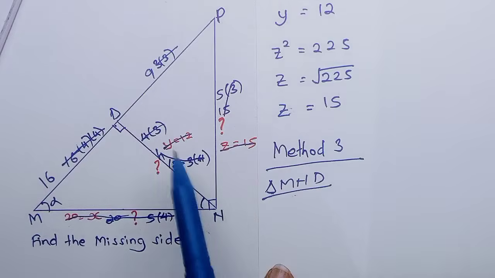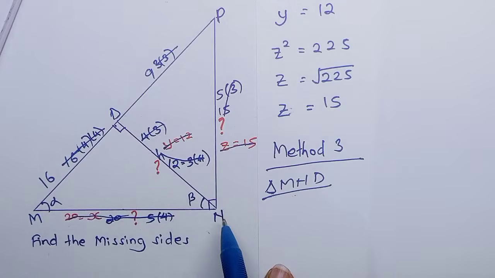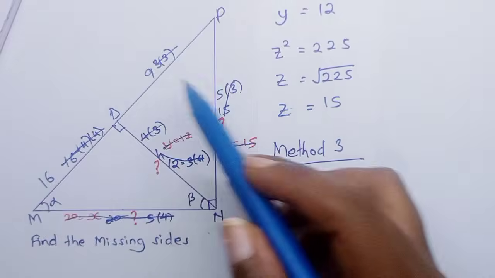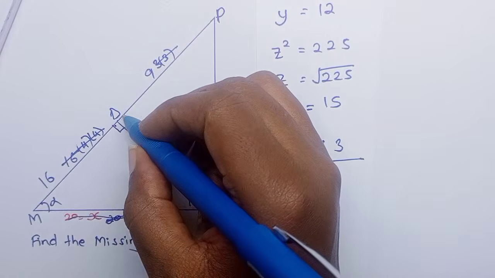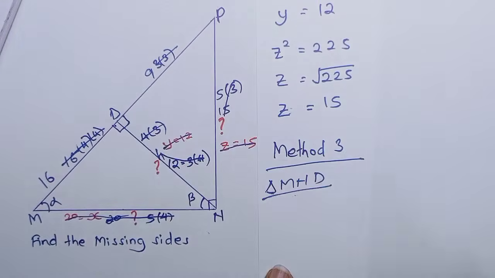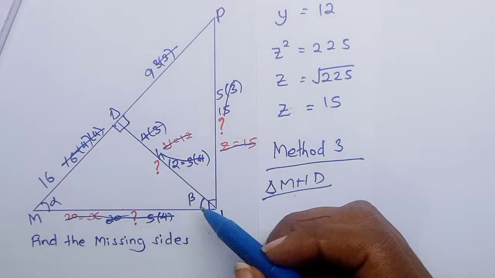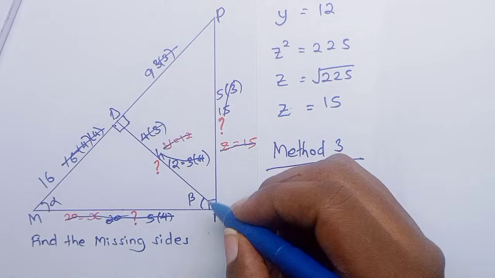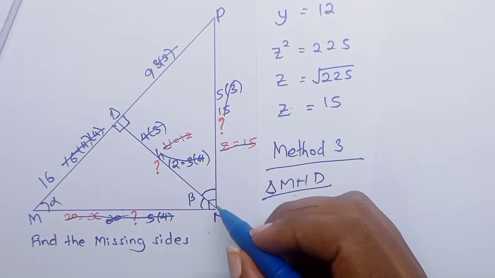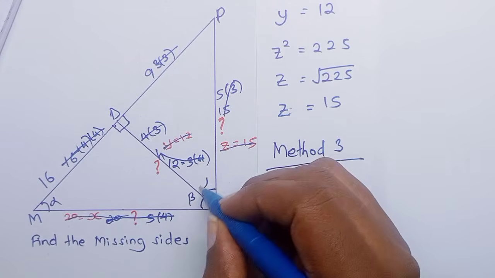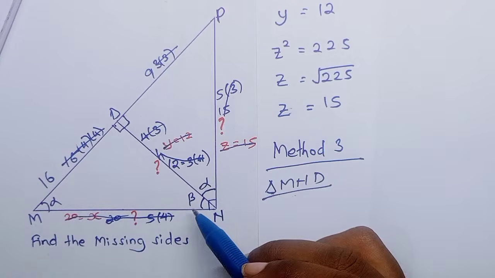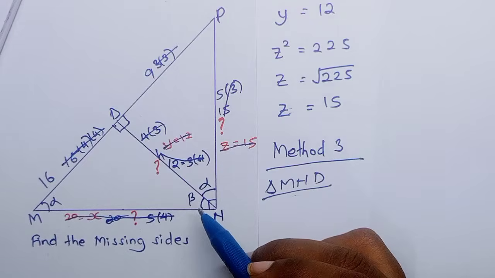So next, let's focus on this triangle NDP, this one here. Since this is 90, this is also 90 degrees. And since this is 90, this angle here is beta. That implies that this angle is alpha, because alpha is the complement of beta, as we have already seen.